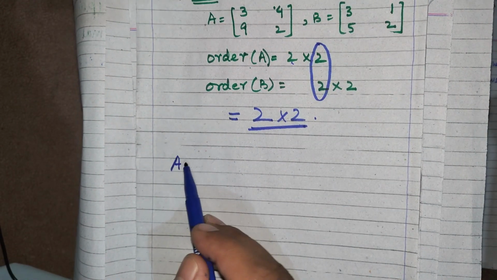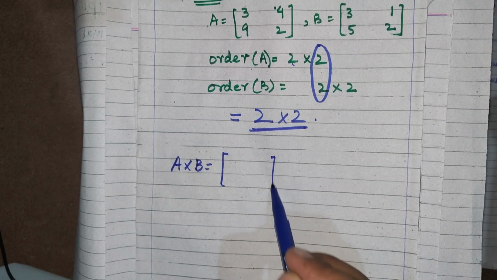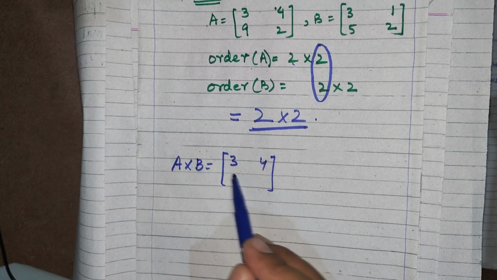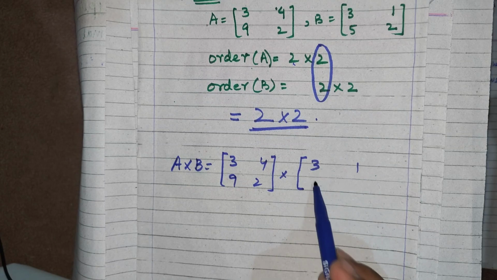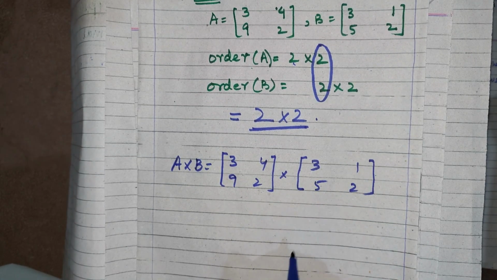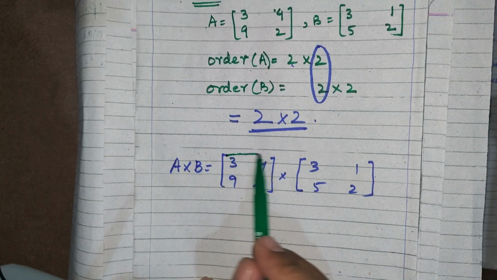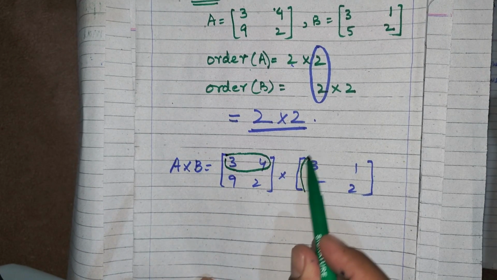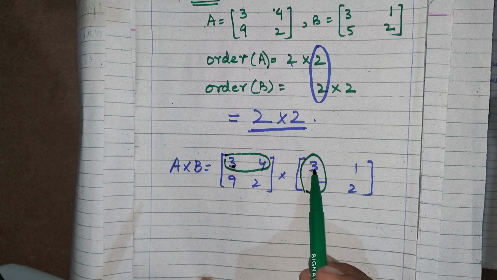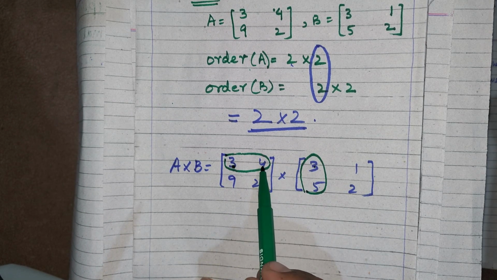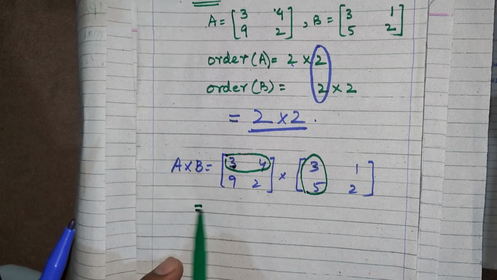A multiplied by B will be equal to A 3, 4, 9, 2 multiplied by B 3, 1, 5, 2. Similarly, the same process is followed. The first row will be multiplied with the first column in such a way that the first entry of the row will be multiplied with the first entry of the column, and similarly the second entry with the second entry of the first column.